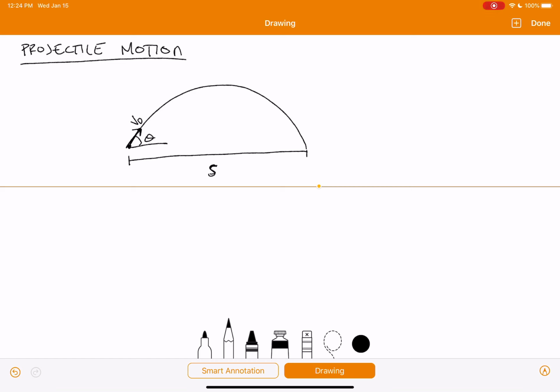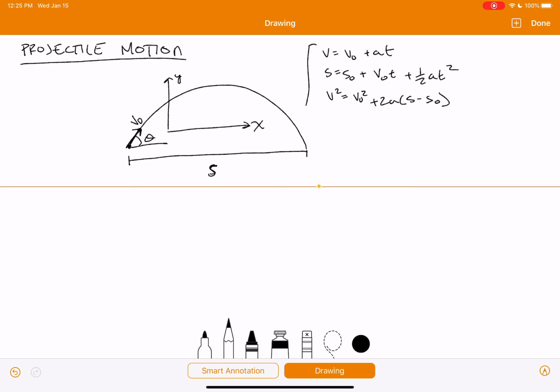When you're looking at projectile motion, you're going to have motion in the x plane and motion in the y plane. So you're going to take those equations that we were using above, v equals v naught plus at, and s equals s naught plus v naught t plus 1/2 at squared, and v squared equals v naught squared plus 2a times s minus s naught.